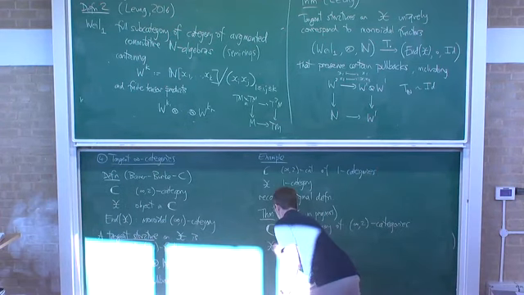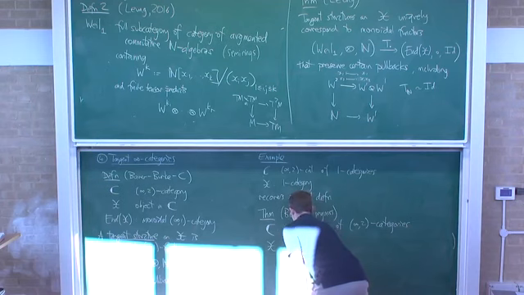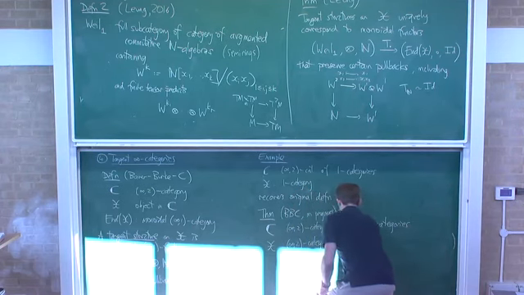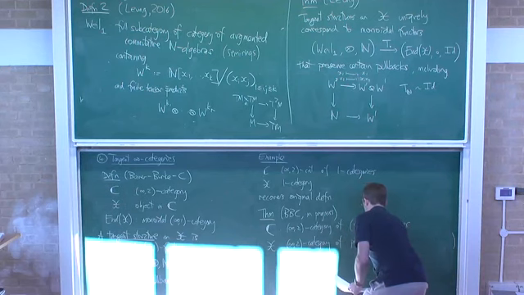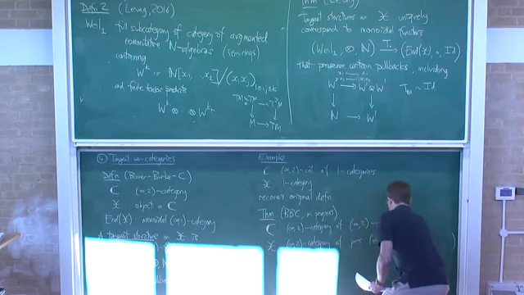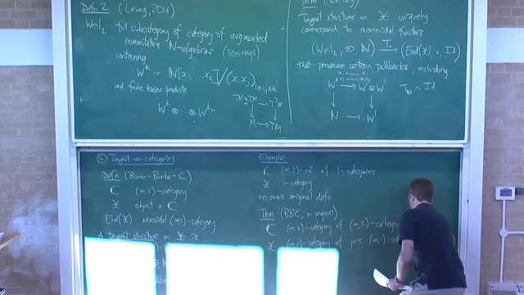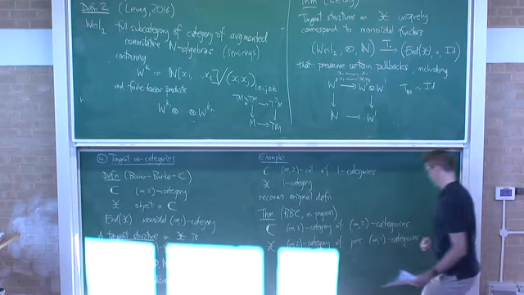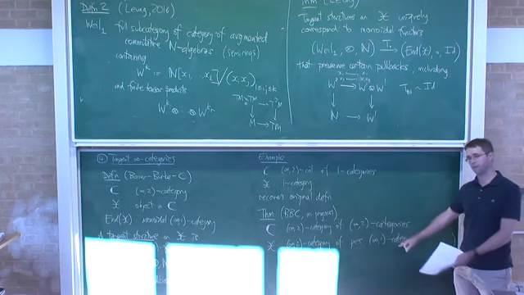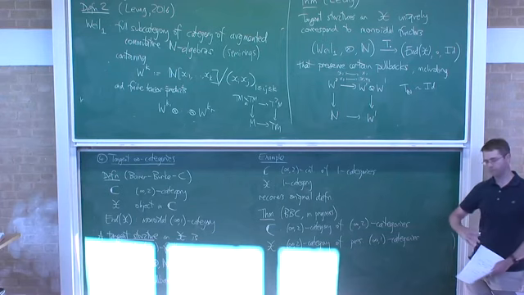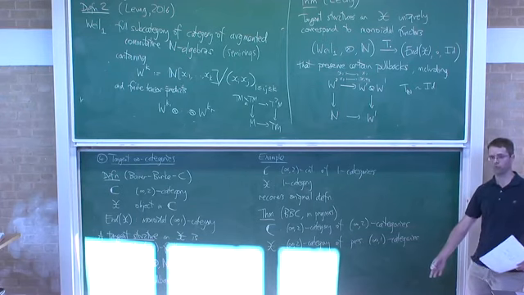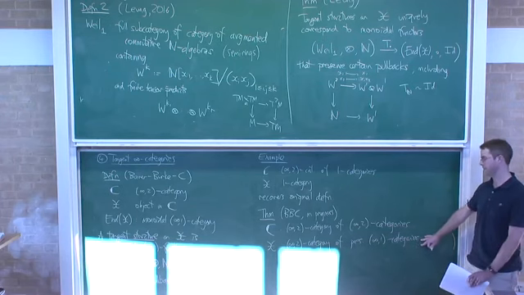And then X is the infinity 2 category of presentable infinity 1 categories. So I have the presentable infinity 1 categories, I have functors that preserve filtered colimits, and I have natural transformations, so that I form an infinity 2 category.